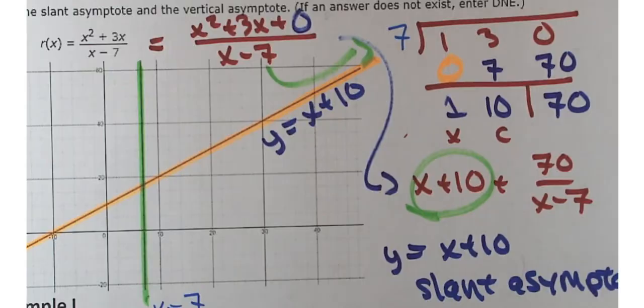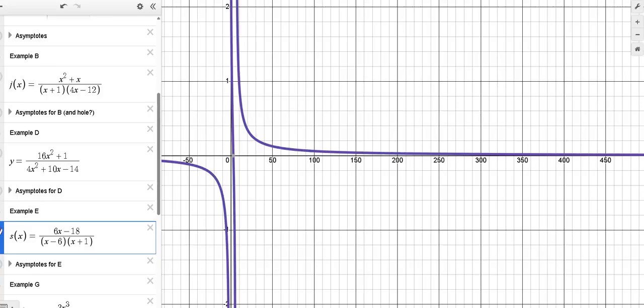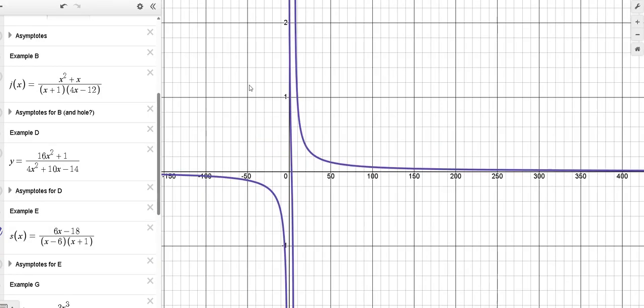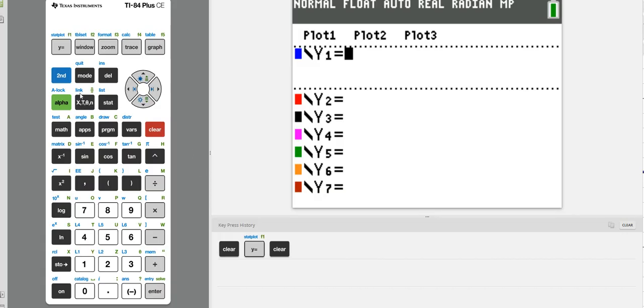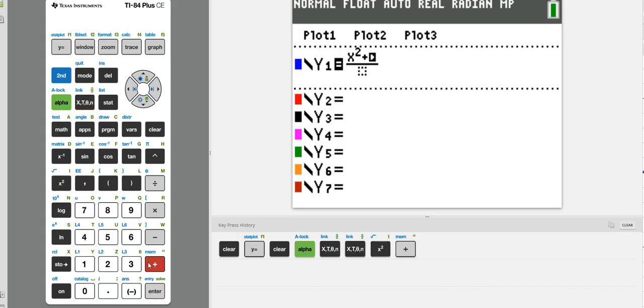Okay, so let's see here. y equals, I'm just going to do it this way, x squared plus 3x divided by x minus 7.